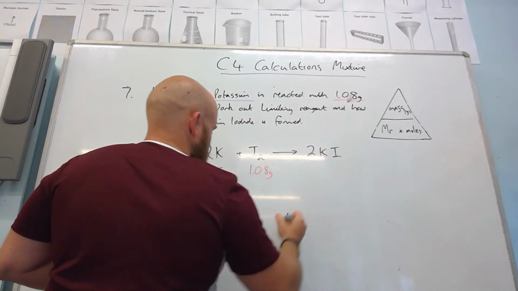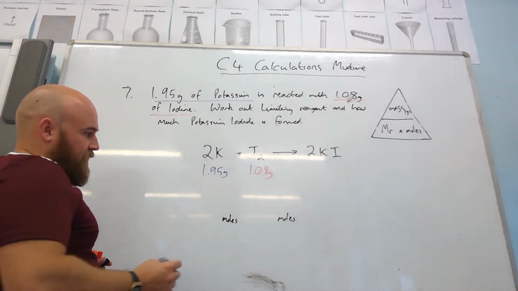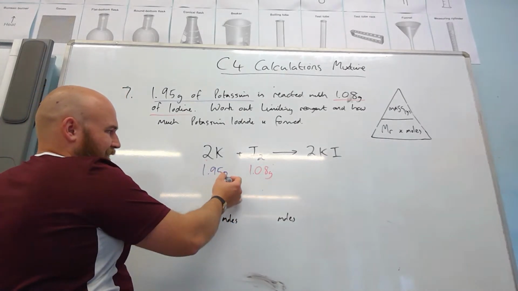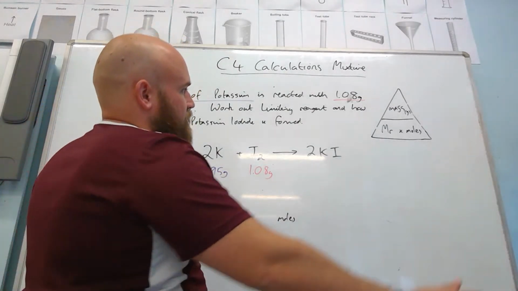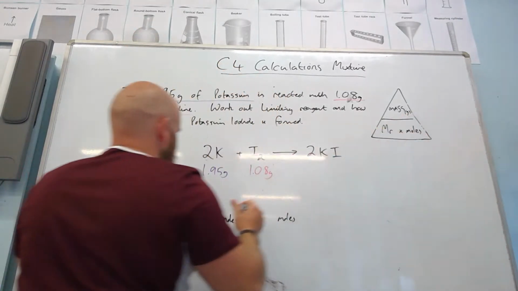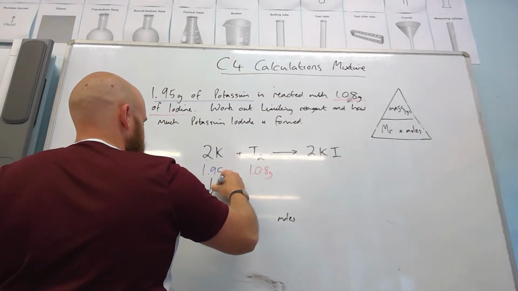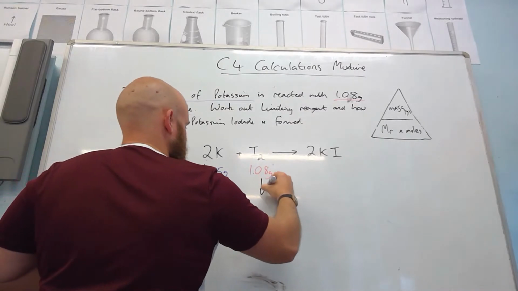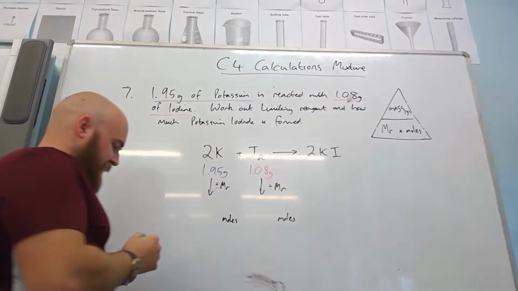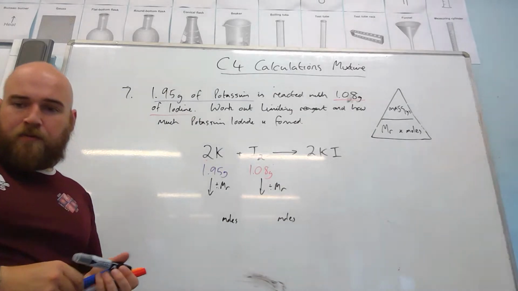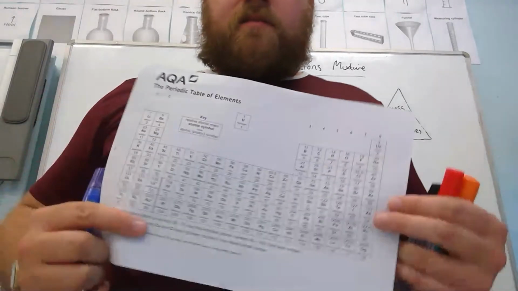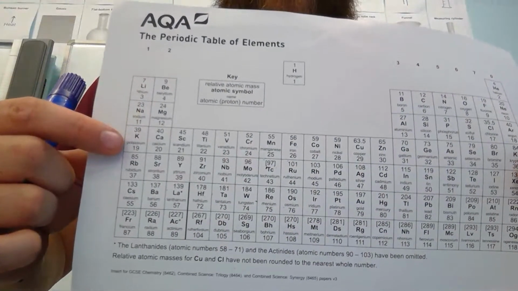So how do we go about doing that then? Well, we've got masses here, which is in grams. To turn it into moles, you divide by the MR. And again, let's work out the MR of these things. So the purple one, which is potassium, go to the periodic table. It's just one atom.